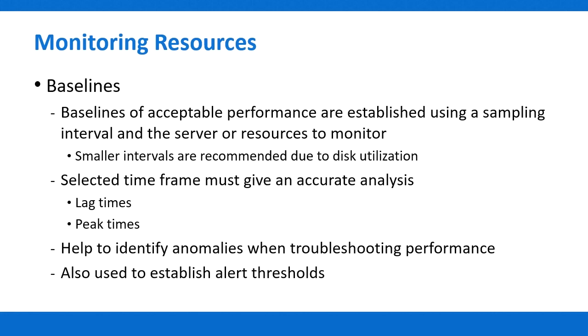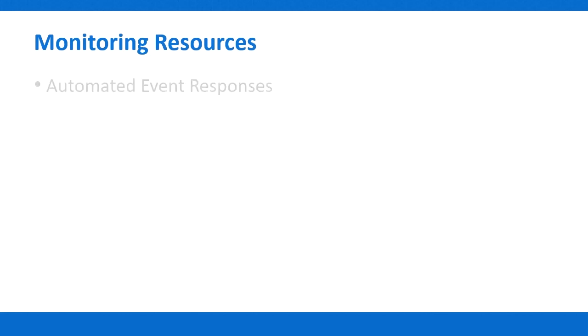If you think about it, that's very much a proactive way of doing it, saying I don't want to wait for the support call to come in. I want to know when this counter reaches this particular threshold. And the baseline helps me to know what's appropriate for those values.